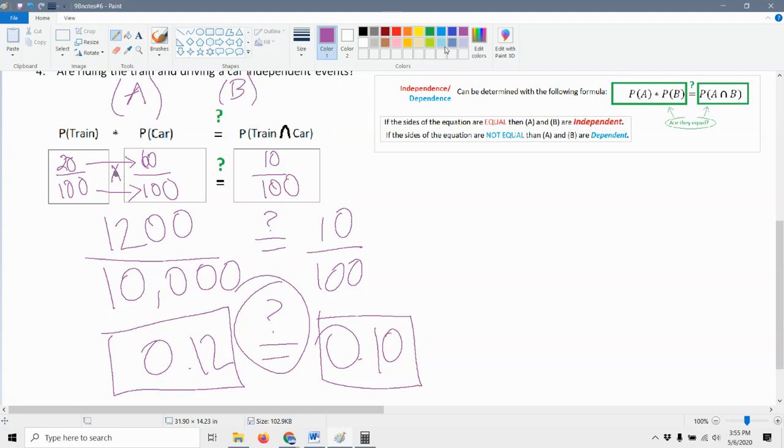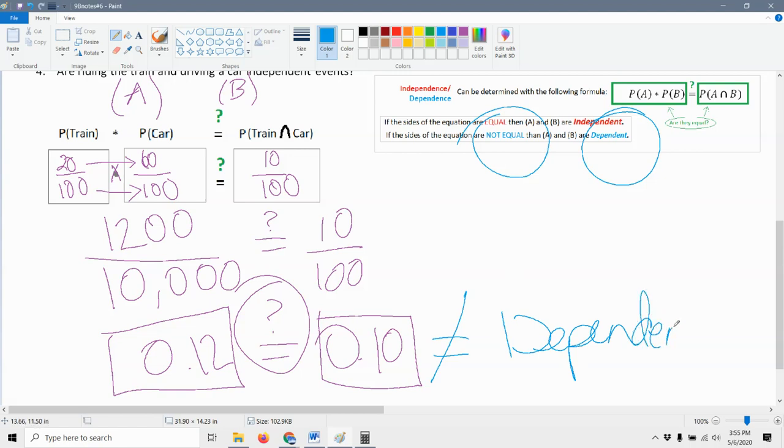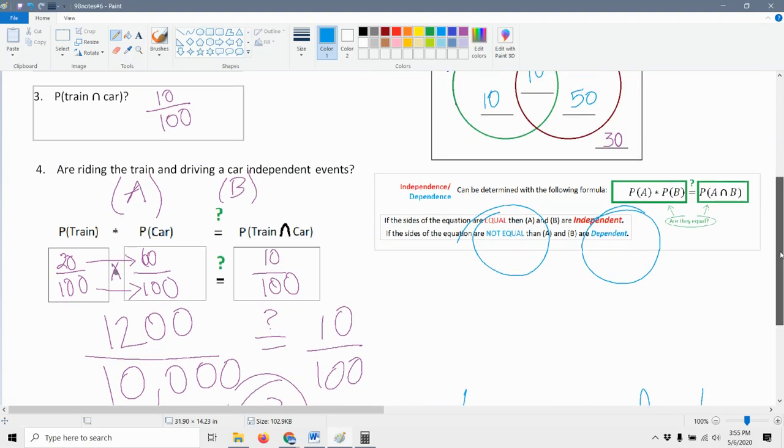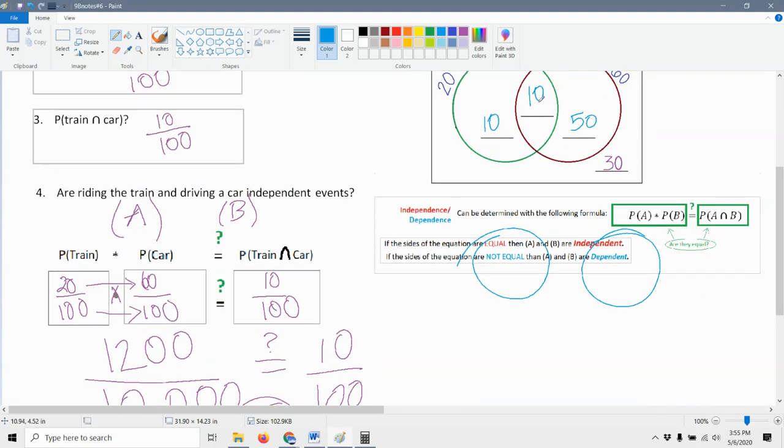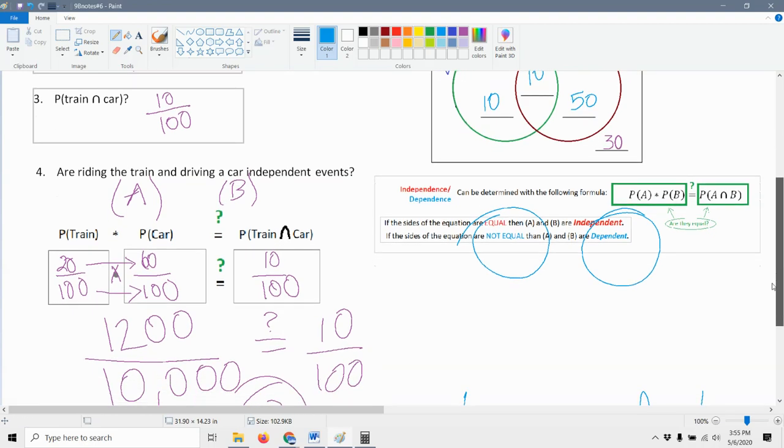They do not equal. And so when we write our answer, we're going to have to say they're not equal. And when they're not equal, we know that those two events are dependent events. That means that they do relate to each other. The probability of driving the car and the train, those two events are related. Okay, those are dependent events.